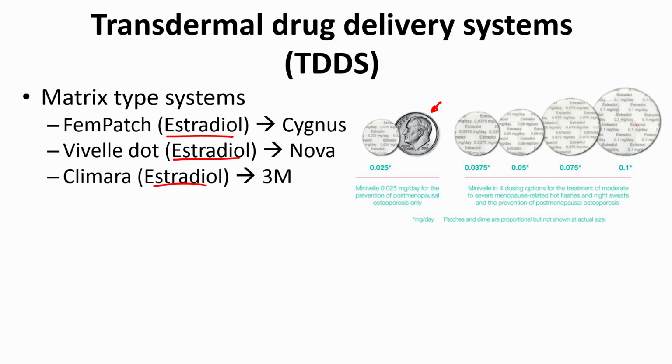You can patch it over your skin, and these are matrix type systems. If you remember the systems which look like this, the drug is slowly diffusing out from these matrices, and as it touches the skin it starts to diffuse in and essentially builds up the concentration. So it is a very sustained release. However, the absorption is slow, but this can be used over a period of months.